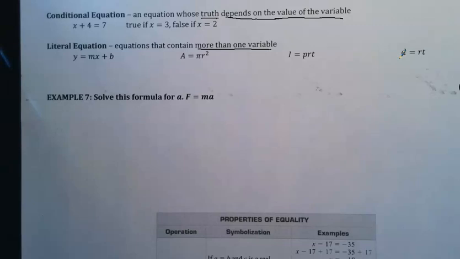So in example 7, it says solve this formula, or this literal equation, for A. We have F equals M times A. We don't want that. We want A equals. So I'm going to draw my teeter-totter. I want to know what A equals.